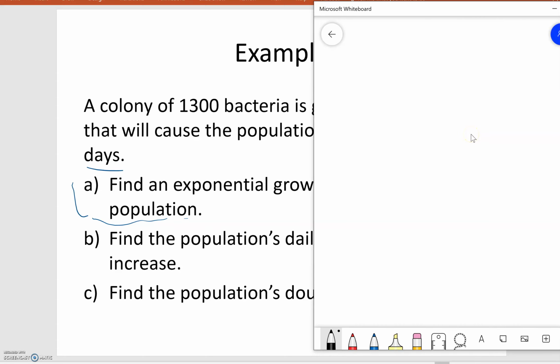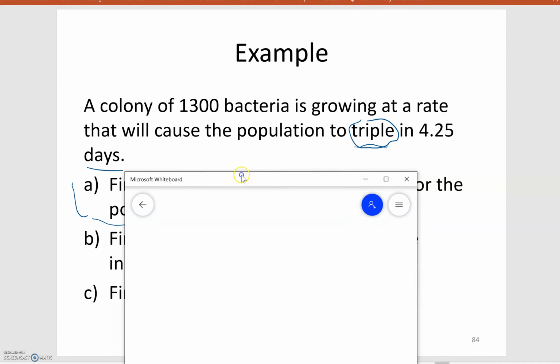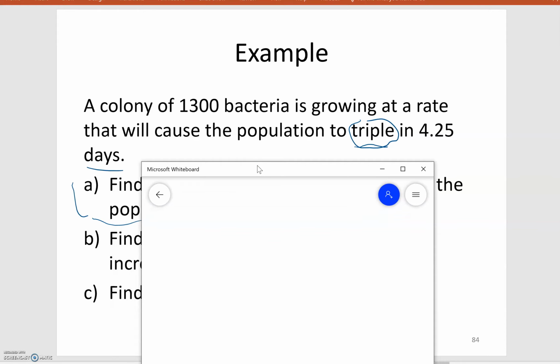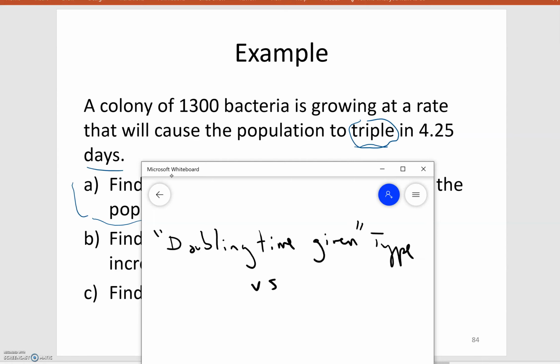So when I see a problem like this, I'm going to classify it. What group of problem this belongs to is a doubling time given type problem versus a looking for doubling time problem.